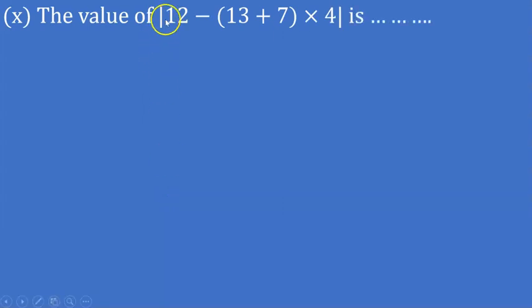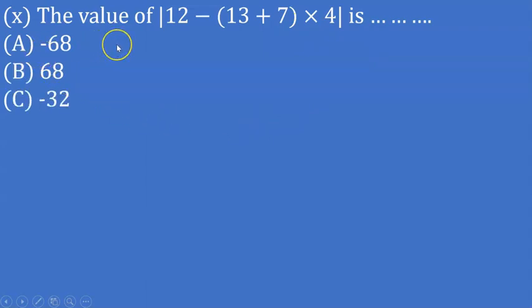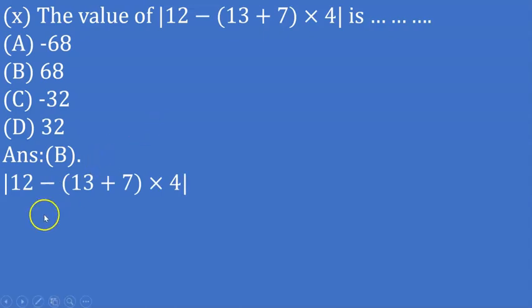The value of modulus of 12 minus (13 plus 7) into 4 is, now we'll simplify. Option A is -68, B is 68, C is -32, and D is 32. Here option B is correct. Now how is it correct?